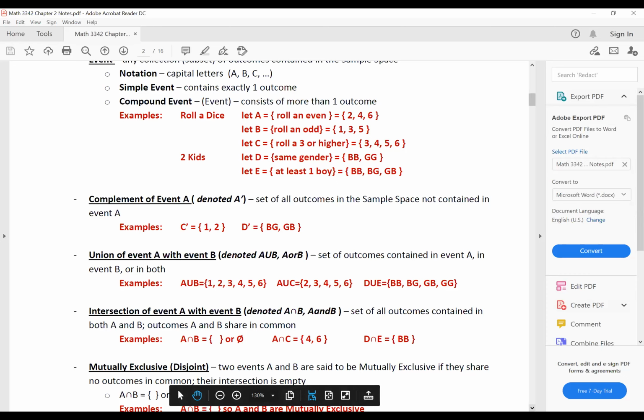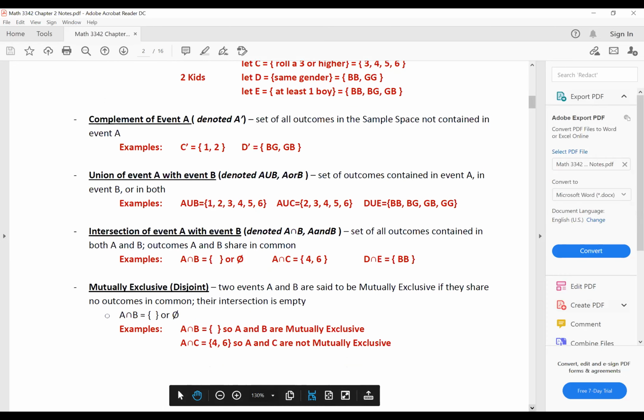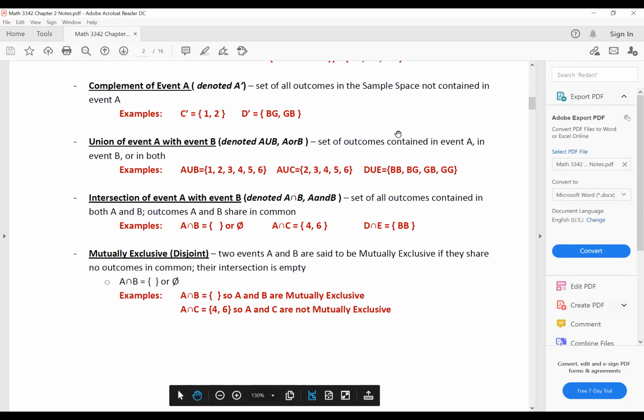Now the mutually exclusive event. This is also really important in probability, mutually exclusive or disjoint event. So what is a mutually exclusive event? If any two events do not have any common outcomes, then they will be called mutually exclusive.